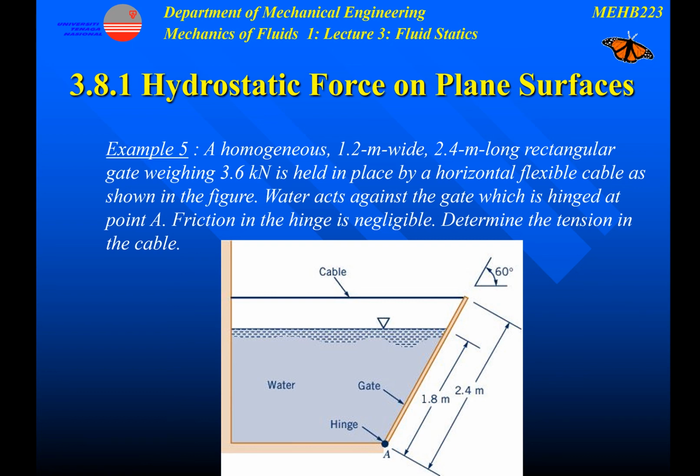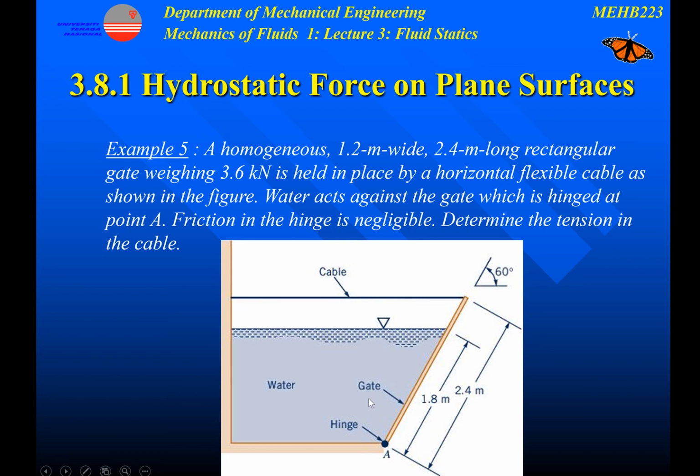So in this video, I will show you how to answer this question. This is an example of hydrostatic force on a plane surface where the plane is inclined at a certain angle. We have the gate, or the plane surface, in orange color here. It is inclined at 60 degrees and it is attached to a cable.